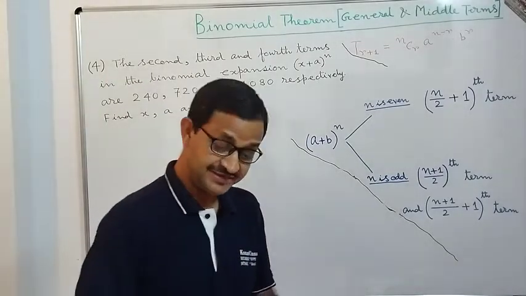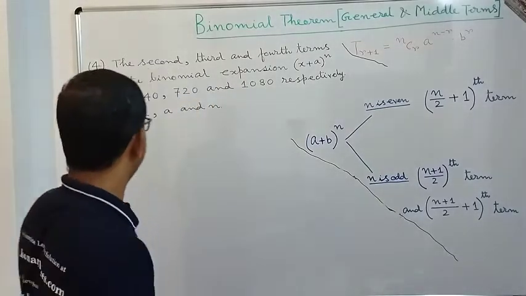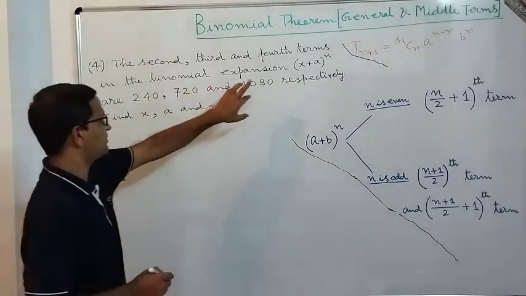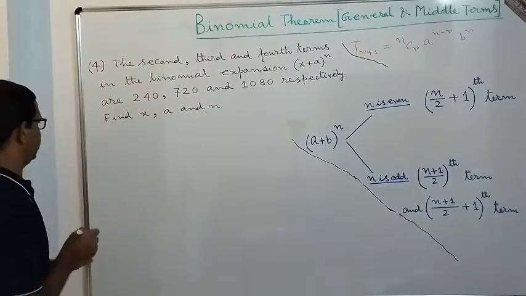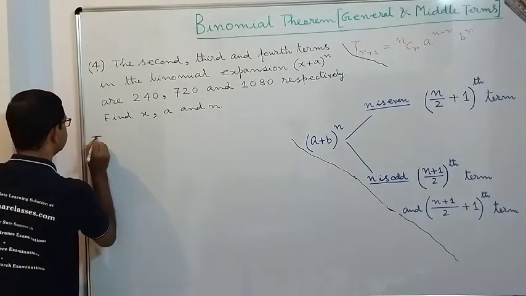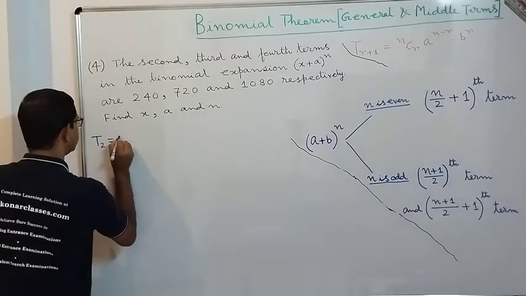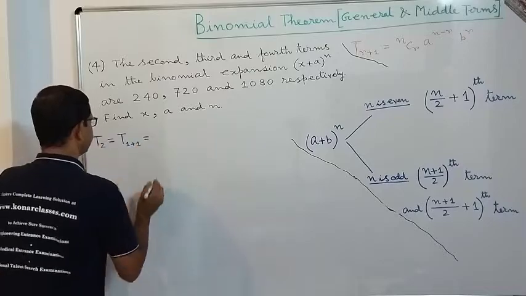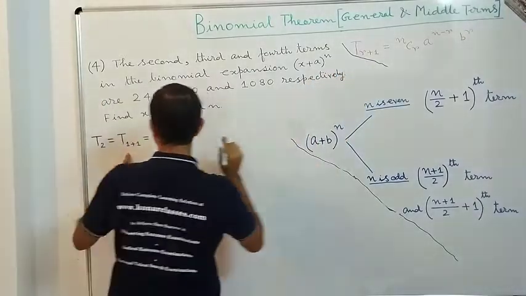Okay, so let's see. The second, third and fourth terms in the binomial expansion of x plus a power n. Second term means what, dear students? That is t2, which we can write as t1 plus 1. We will apply the formula of tr plus 1.